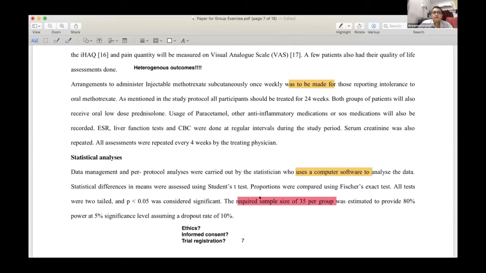No, that's actually a good thing. They have mentioned per protocol analysis. They have at least specified the choice they made of per protocol rather than intention to treat. They probably should have explained that, but it's fine to have said it.